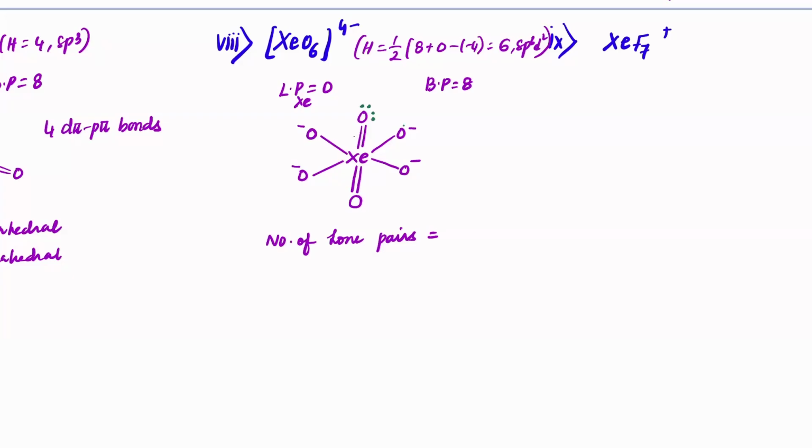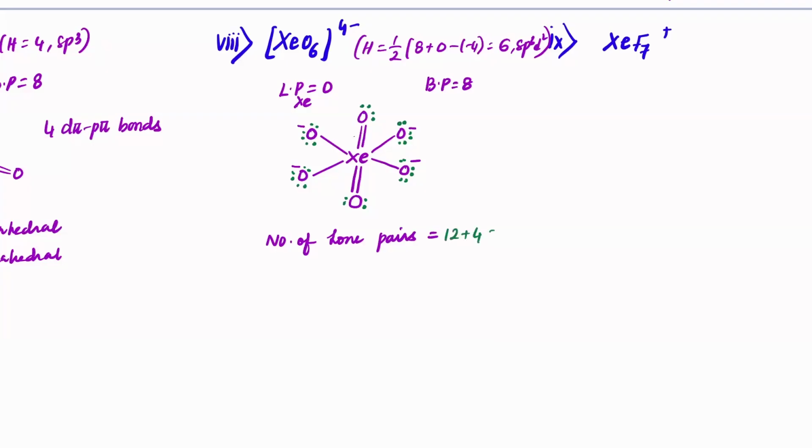Here we'll have 3 lone pairs, and the same goes for the minus-charge-carrying oxygens. Here we have 2 lone pairs. In fact, all the lone pairs will be on the oxygens only. So 1, 2, 3, 4: these 4 have 3 each, that makes it 12, and the other two will have 2 each, so that makes it 4.